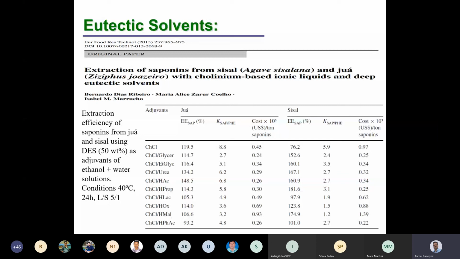Using half eutectic solvent, half a mixture of ethanol and water. I think it's 30% ethanol, 70% water, and then we have better results using choline chloride acetic acid for joa and choline chloride propionic acid with sisal.